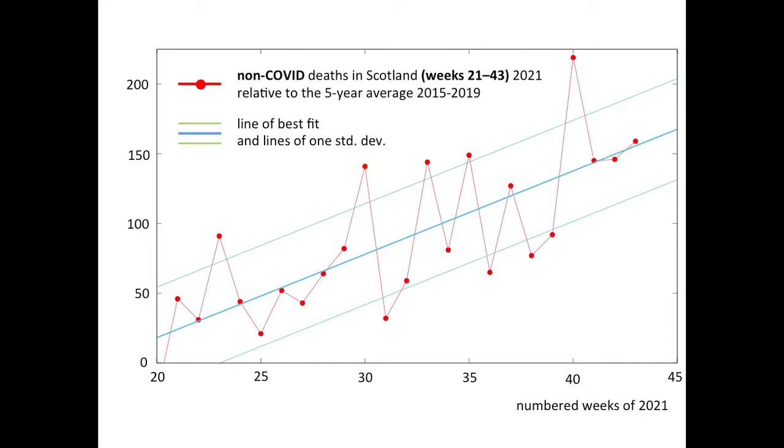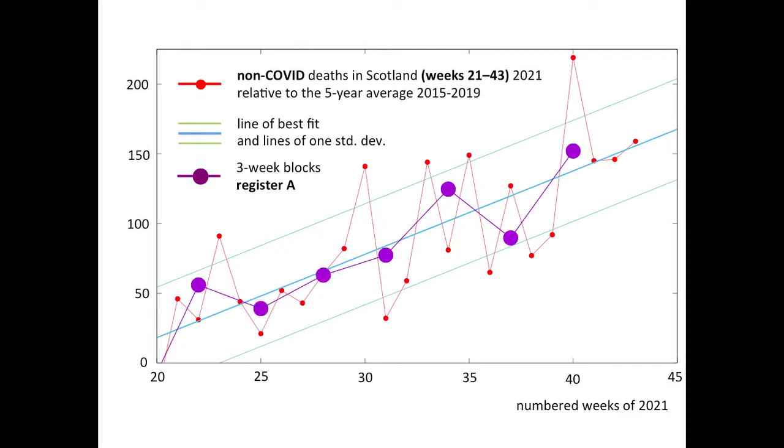And I'm going to make those points smaller, and let's start with a particular register for these 3-week blocks. I'm calling that register A, and you can see, for example, this point here is the average of these 3, this point is the average of these 3, and so on. So register A is basically starting with week 21 through 23, and then 24 through 26, and so on.